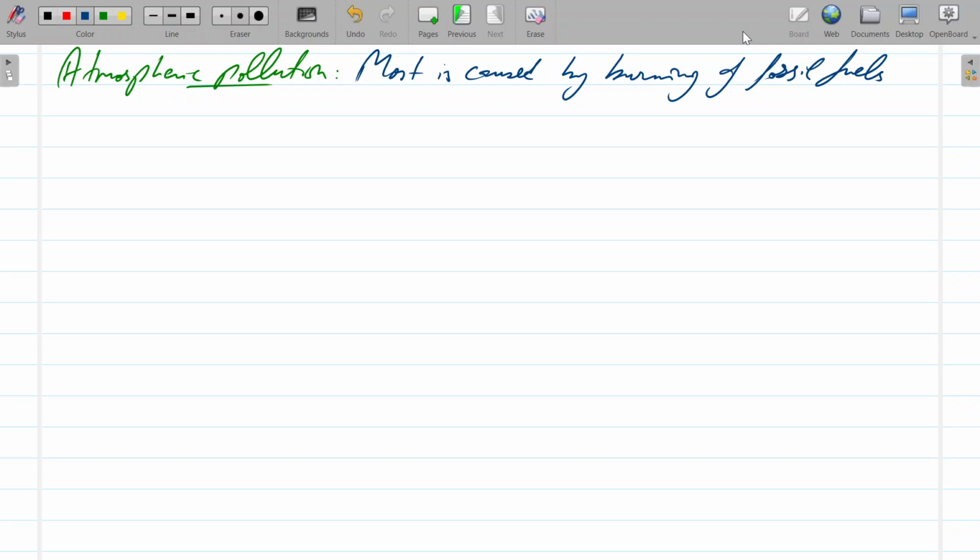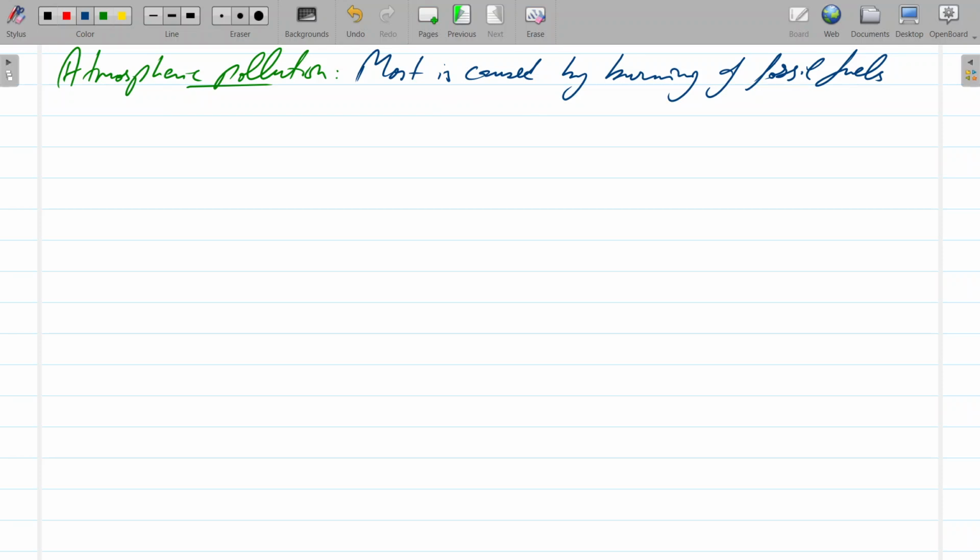Okay, so that is sort of stretched out and explained, right? And they talk about population increase causing that as well, and so on. But its primary source is fossil fuels.